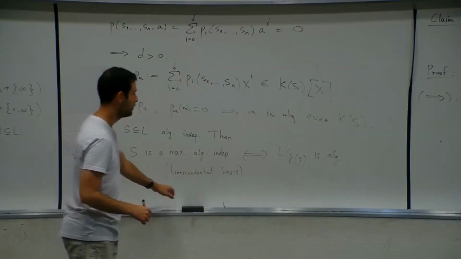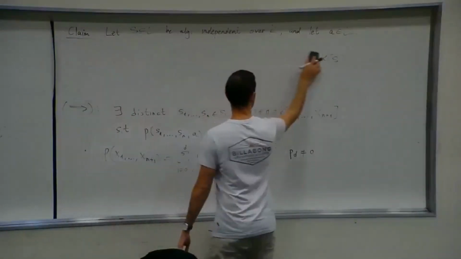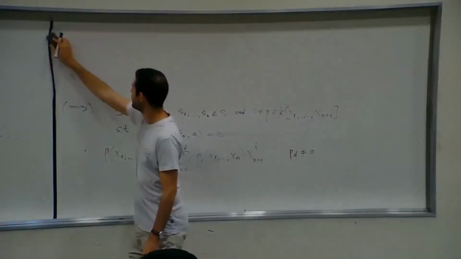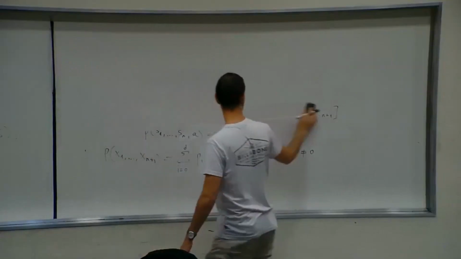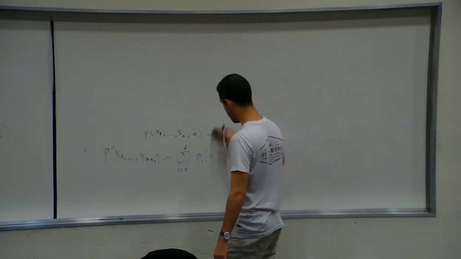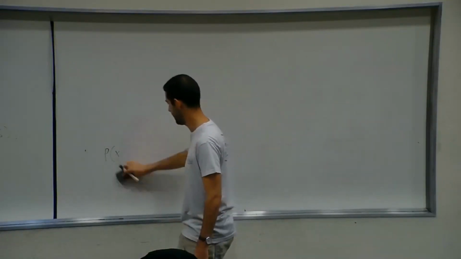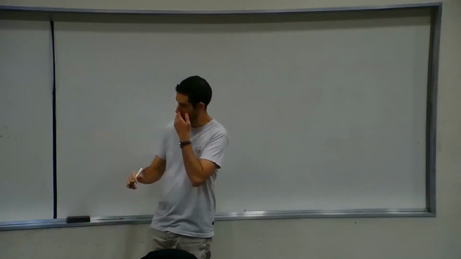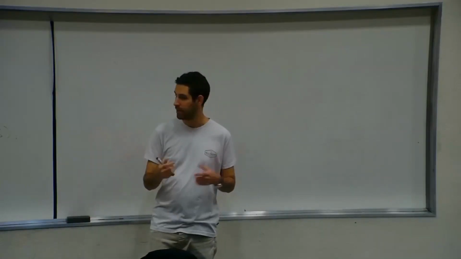And this is really useful because, just like in linear algebra, arguments of existence of a basis and any two bases have the same cardinality.